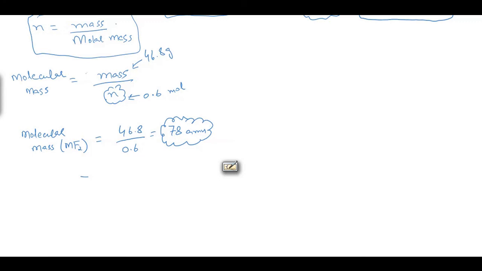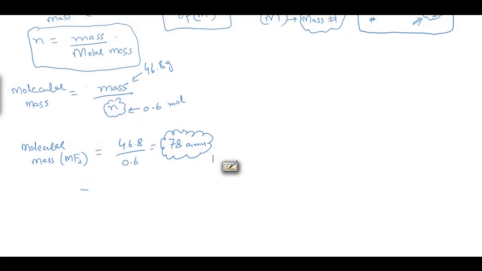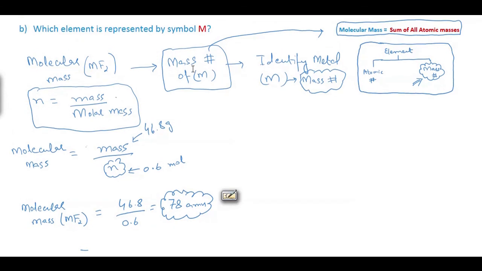Now what we are going to use from this 78 AMU, the second part, is the mass number of the metal M. In order to determine the mass number of metal M, we need to use this: molecular mass is equal to the sum of all individual atomic masses.